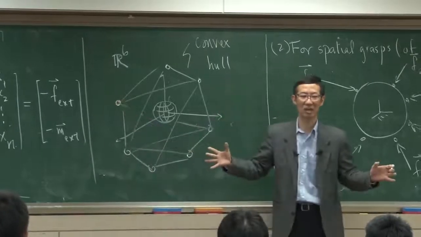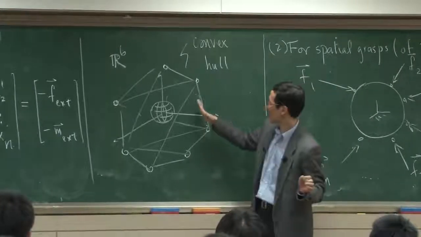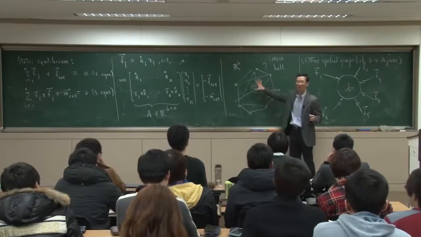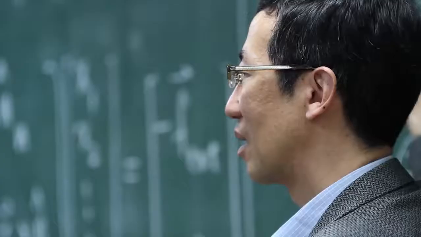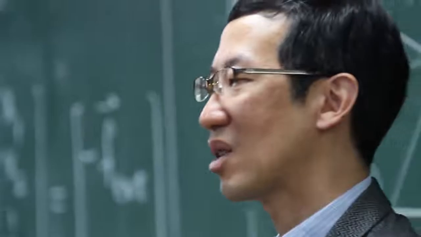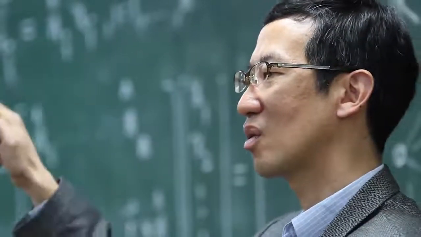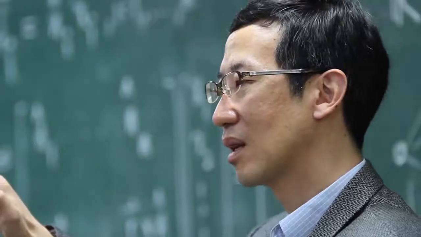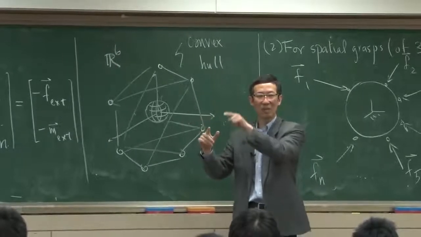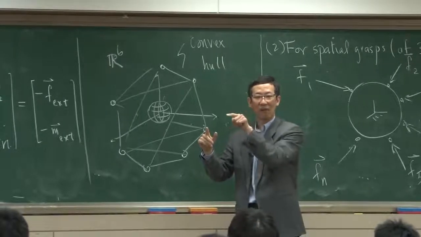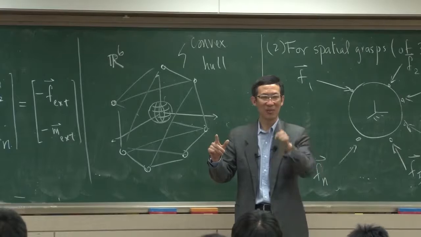How many points do we need? To create a six-dimensional volume here, we need, in 2 dimensions, to create a 2-dimensional area, how many points? 1, 2, 3 points. In 3 dimensions, if we want to create a volume, we need at least 4 points. So you see the pattern? We need 1 more point.